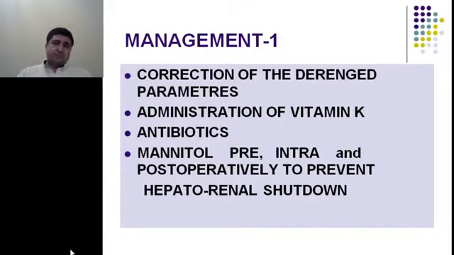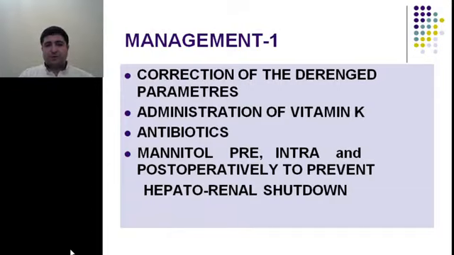So what is the management? Of course, it's correction of the deranged parameters, administration of vitamin K, and antibiotics to prevent formation of cholangitis and other complications.